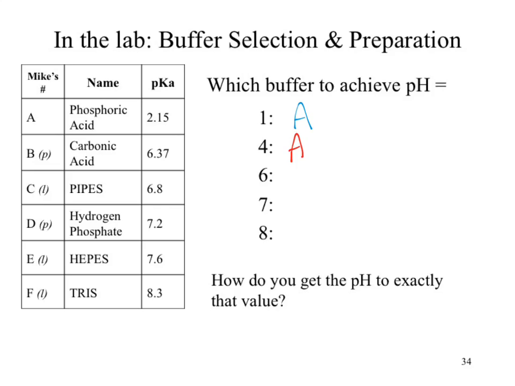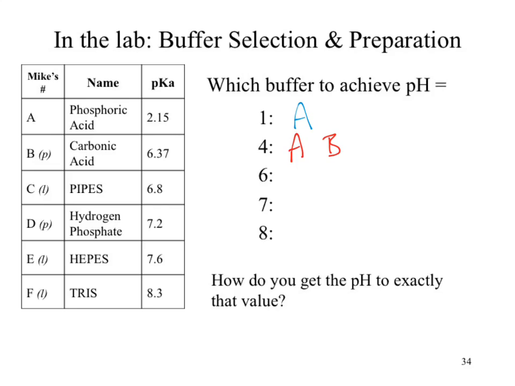They're roughly about the same. We could probably try either of those. What would help us decide one way or the other? Well, what's our reaction? What are we going to do to our system once we react it? Are we going to end up adding acid to it, or are we going to end up adding base? Okay. So once I'm at that pH, if I want to buffer so that it doesn't go up anymore, okay, I'll probably use carbonic acid.